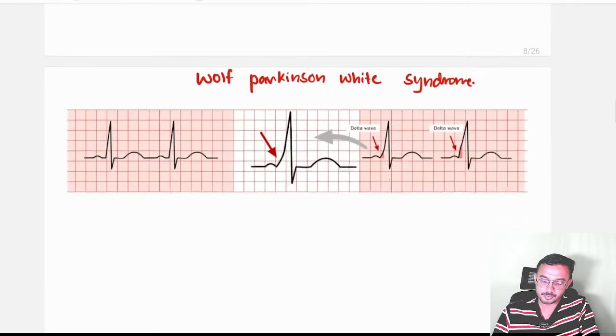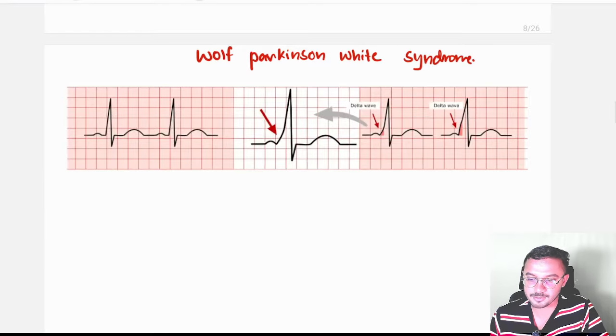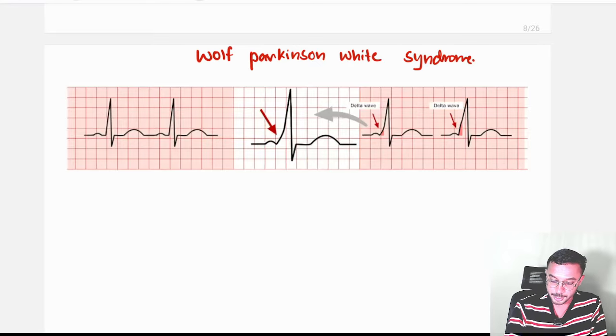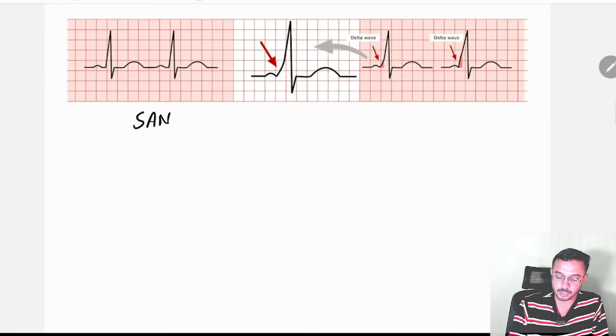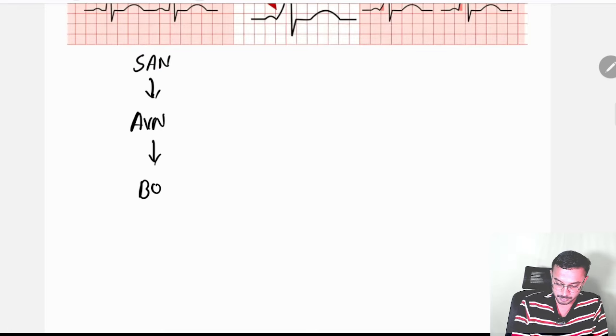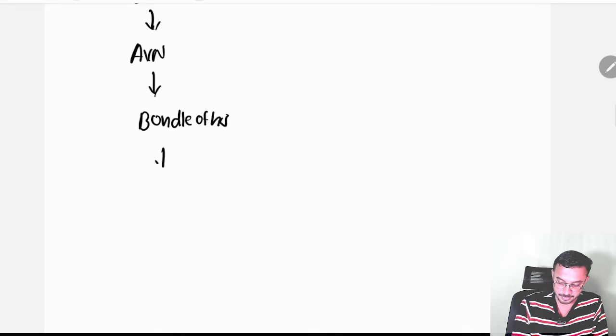So next is Wolff-Parkinson-White syndrome. What do we mean by WPW? Normally in you and me, the current always flows in a single direction, following this pathway: SA node, AV node, then the bundle of His, and next the Purkinje fibers.